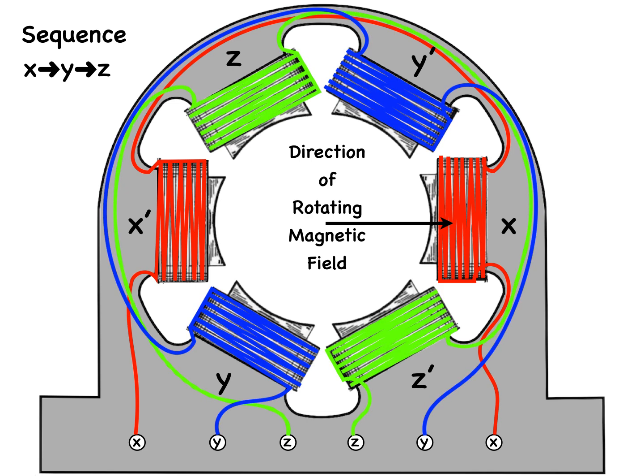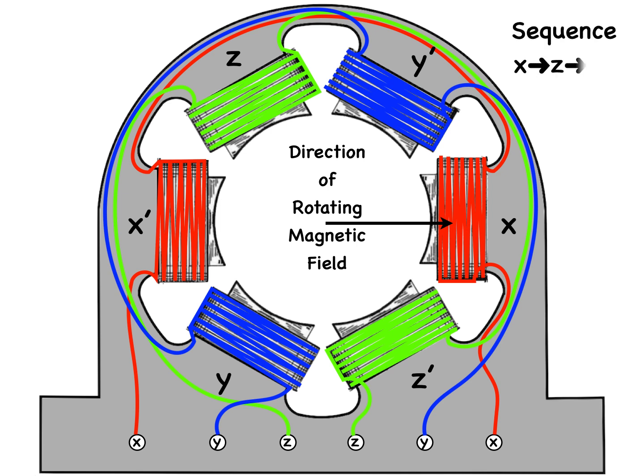If the sequence is changed to, say, XZY, it is observed that the direction of the rotation of the field is now reversed. That is, the field rotates counterclockwise rather than clockwise. However, the number of poles and the speed at which the magnetic field rotates remains unchanged.